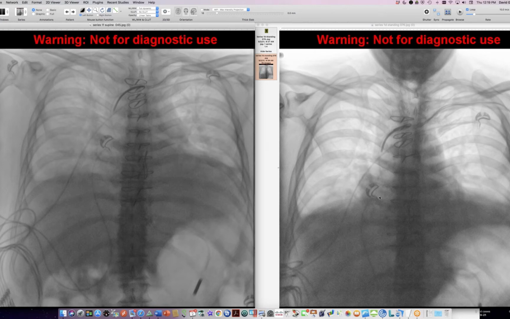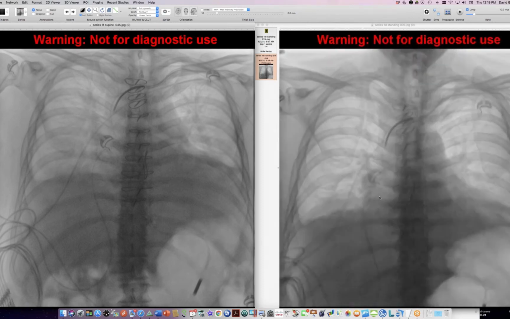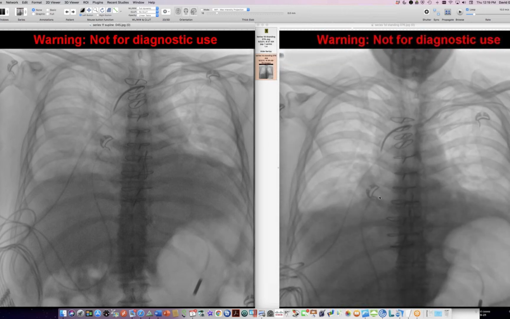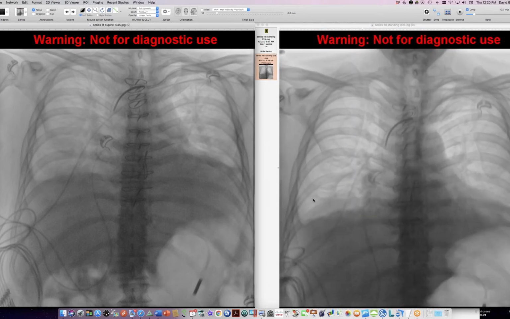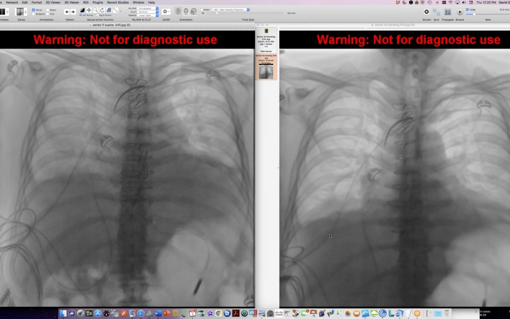So let me show you the standing version here as this person breathes, standing up here. And you can see that as the person takes in a breath, the diaphragm descends about almost 1 rib interspace. So I consider 1 rib interspace normal, and this one is maybe half or 2/3 of a rib interspace. And sometimes it approaches a rib interspace.